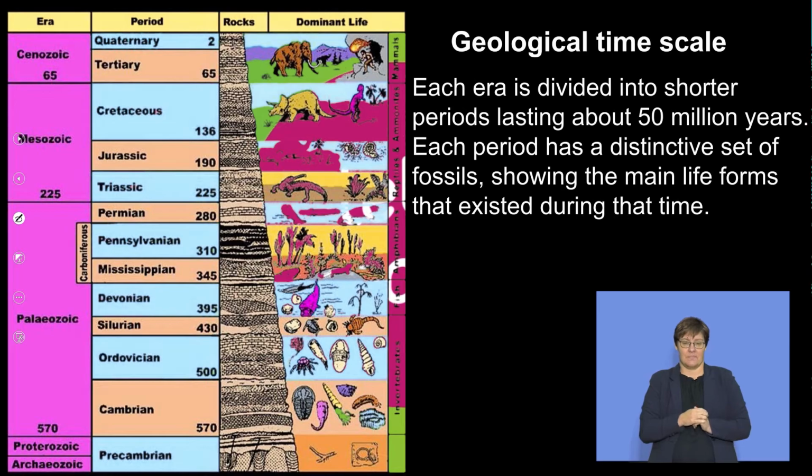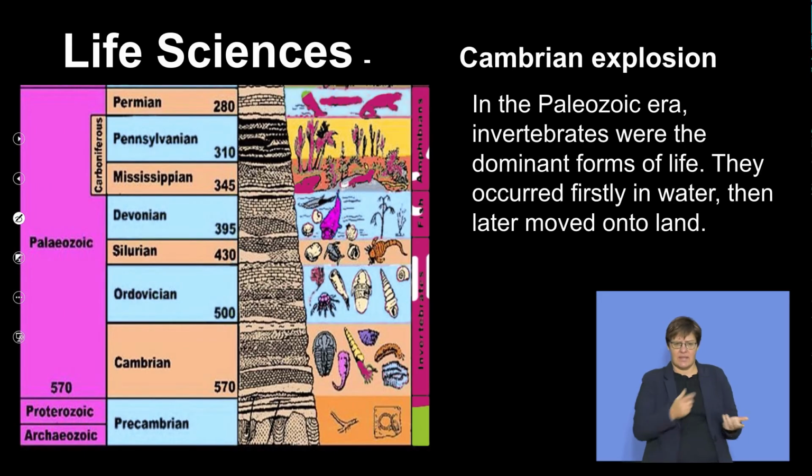The pictures give you an idea, and if you compare the living things here with the living things there, it's very, very different. And the next thing is, well, why did it become that different?